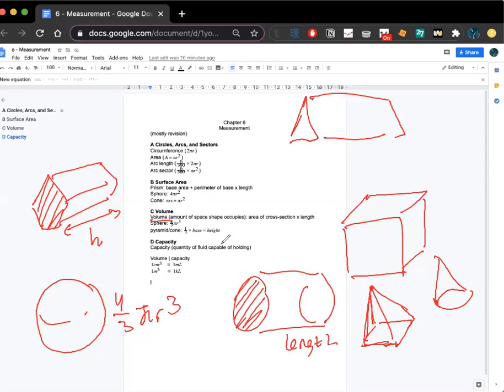You usually do it like the prism formula, except you add a 1/3, because if you think about the shape of the pyramid or the cone, if you try to cut it and fit it into a box-shaped, flat kind of thing, it would be a third of their initial height.